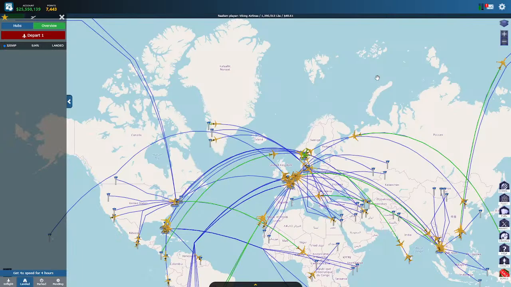So if I do one more marketing campaign today with the smaller planes, because the long range will not have come back within the 4 hour period, I will be making much less on those, but I will be making money.